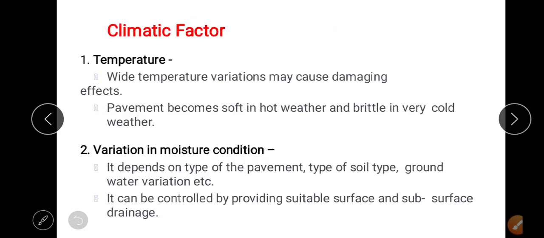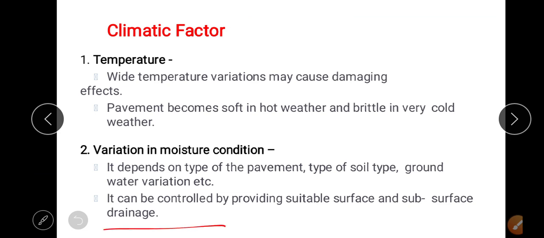Next, climatic factors with respect to temperature and variation in moisture condition should also be taken into account, because wide temperature variations may cause damaging effects. Pavement becomes soft in hot weather and brittle in very cold weather, that you are aware. Variation in moisture condition depends on the type of pavement, type of soil, groundwater variation, etc. It can be controlled by providing suitable surface and subsurface drainage.